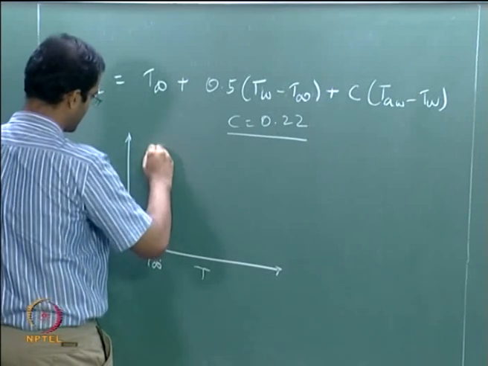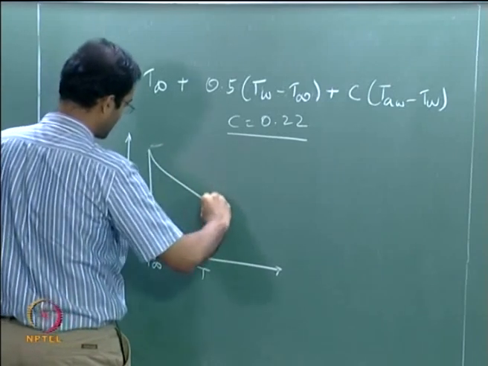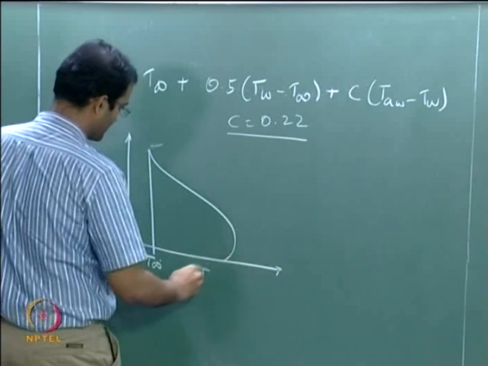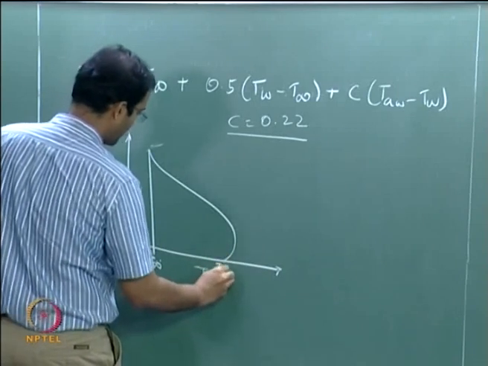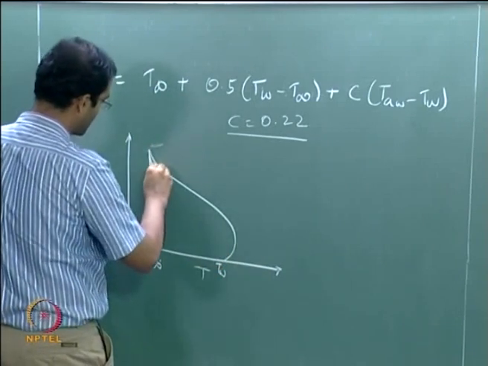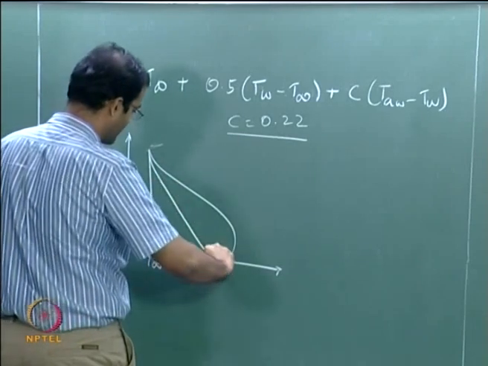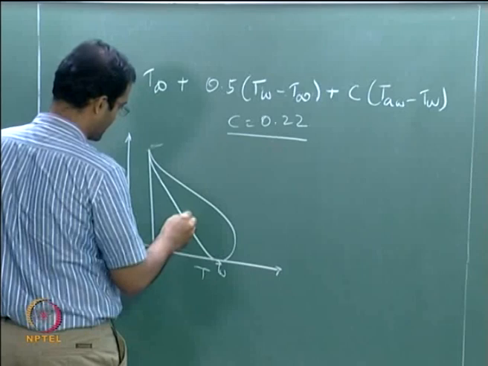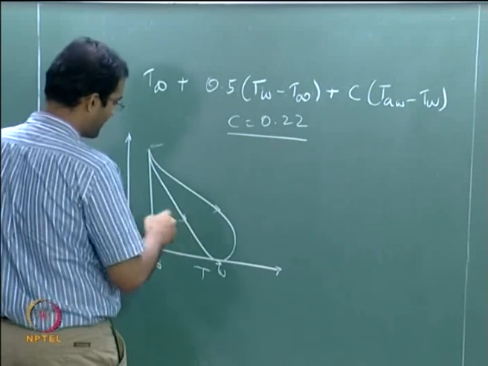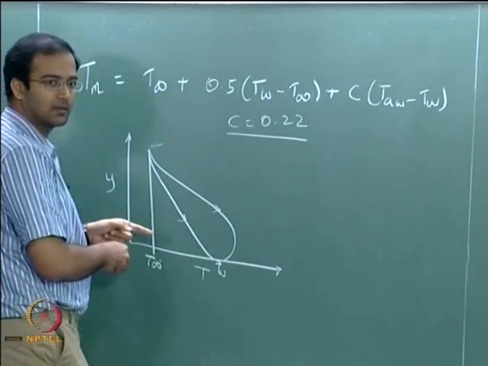From here the profile should start something like this, and so this is your T wall. If you had applied an isothermal boundary condition without viscous dissipation, it would have come something like this. Therefore you see the average temperature has to now go up.